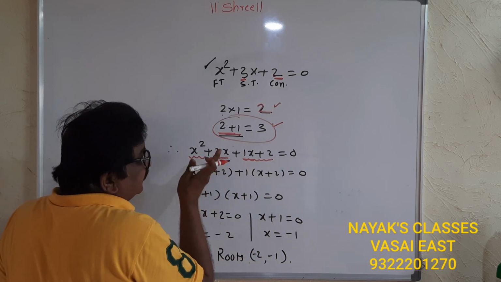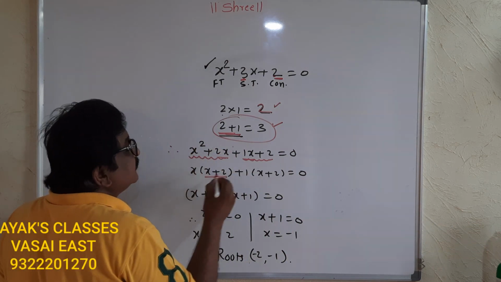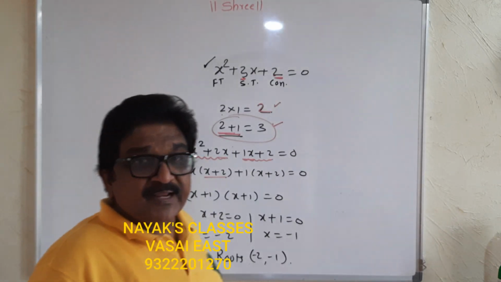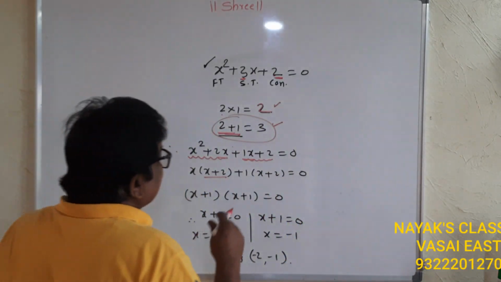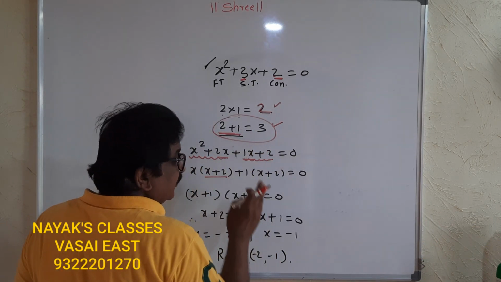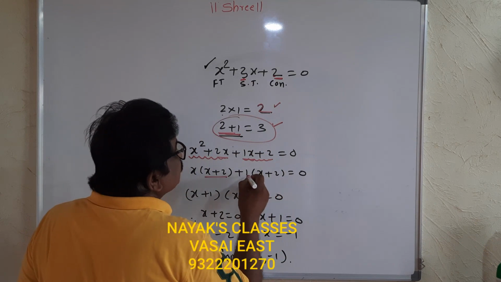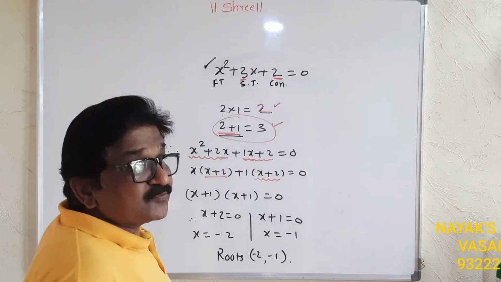Out of that, in the first part, take x common, and you will get x plus 2 in the bracket. Secondly, in the 1 and 2, the smaller is 1 and 1 is common. So 1 has been taken common, and in the bracket we got x plus 2.